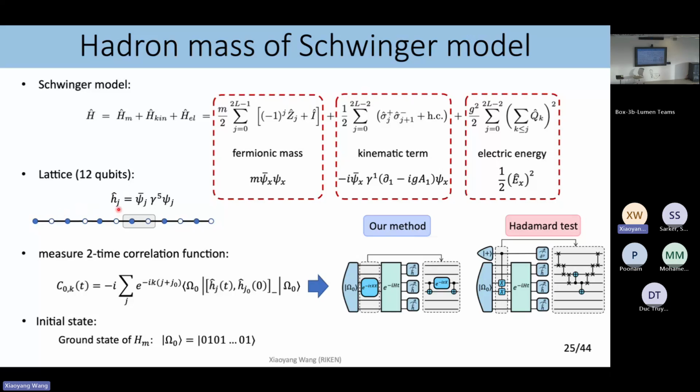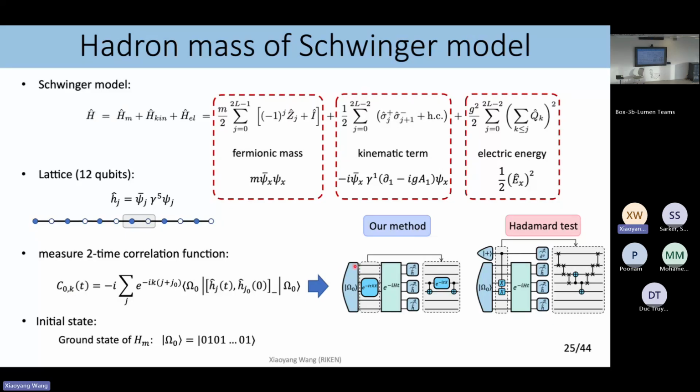where the interpolator is a hadron interpolator equal to psi bar gamma 5 psi. And we measure this two-time correlation function, H(j,t) and H(j,0) at time 0, and then we perform the Fourier transformation in the spatial domain to measure the two-time correlation function with a given momentum k.